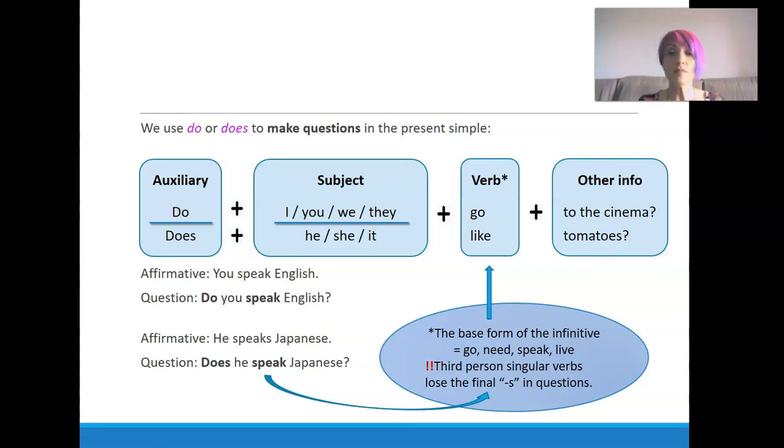Right? Remember, we have the S in here, in the auxiliary, so we don't need it in the verb. Okay? That's how auxiliaries work. They help the verb. And in here, this auxiliary is telling us, hey, I'm a question, and hey, I'm in the third person singular. Okay?